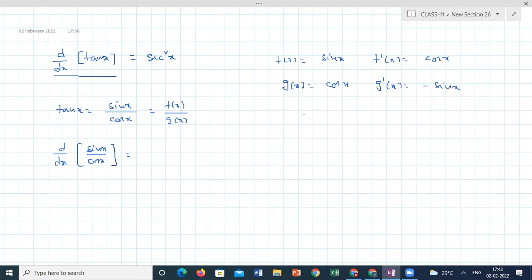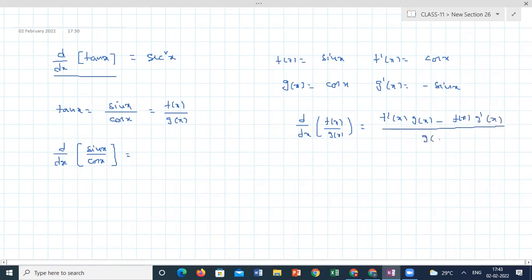What is the quotient rule? d by dx of f of x by g of x will be equal to differentiation of numerator into denominator minus numerator into differentiation of denominator, divided by denominator square.